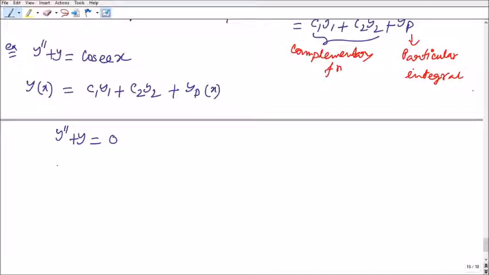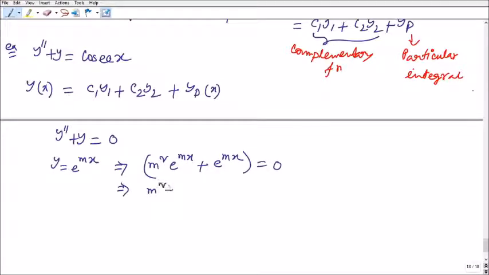Now let us consider y equal to e to the power mx as the trial solution, and putting this into the homogeneous differential equation, we get m square e to the power mx plus e to the power mx equal to 0. So here m square plus 1 into e to the power mx equal to 0.